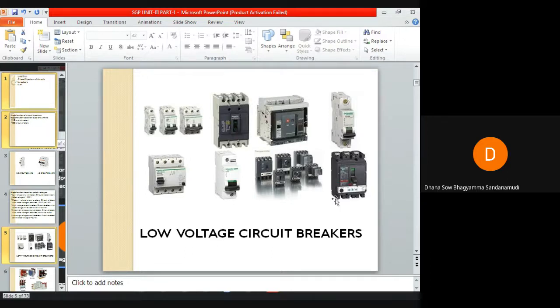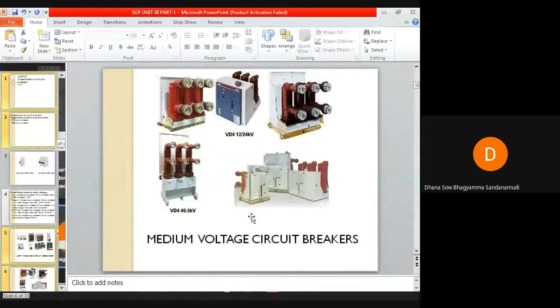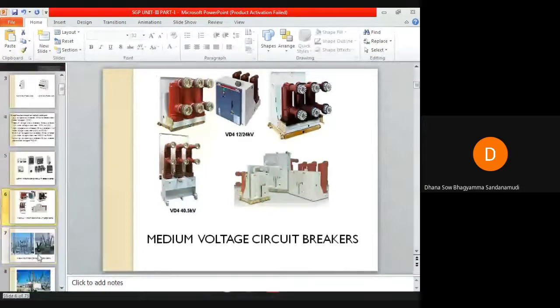You can see the images of the low voltage circuit breakers. Now, if the voltage rating is between 1000 volts and 52 kilovolts, then such circuit breakers come under medium voltage circuit breakers. You can see the images of medium voltage circuit breakers.